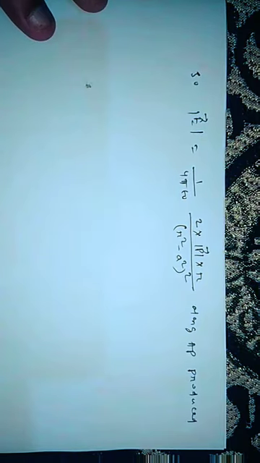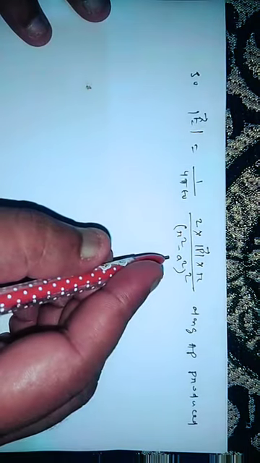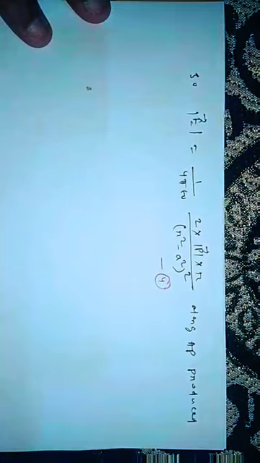Okay. So this is the expression for electric field intensity due to the electric dipole. Give it equation 4. Okay.